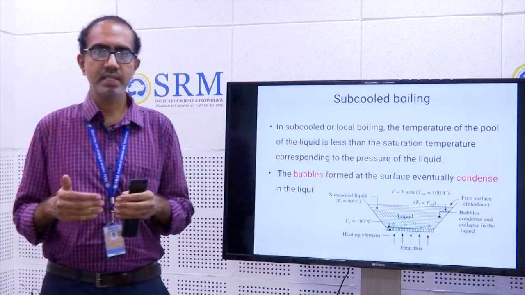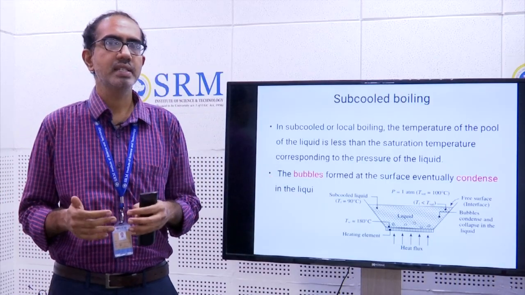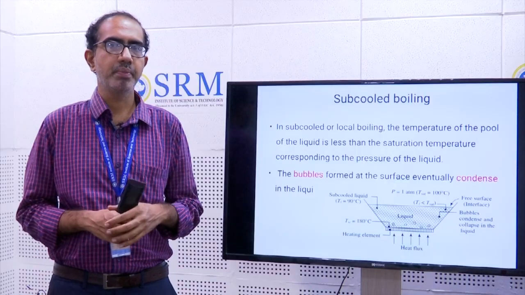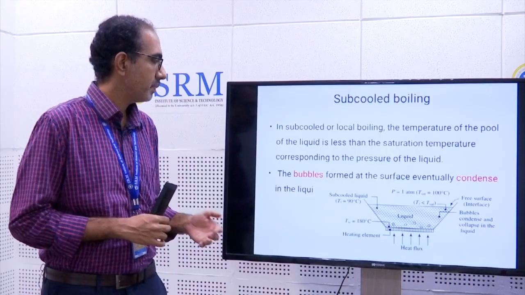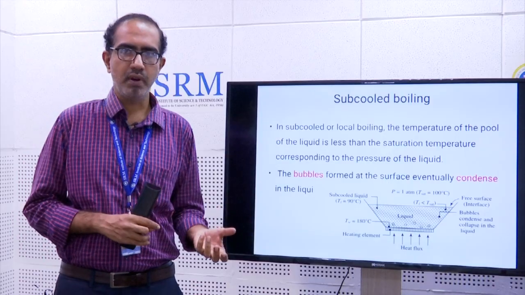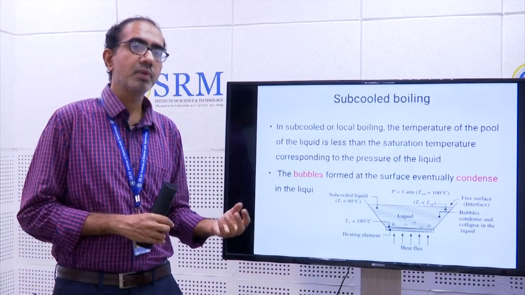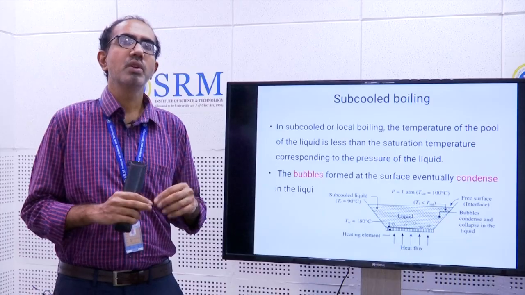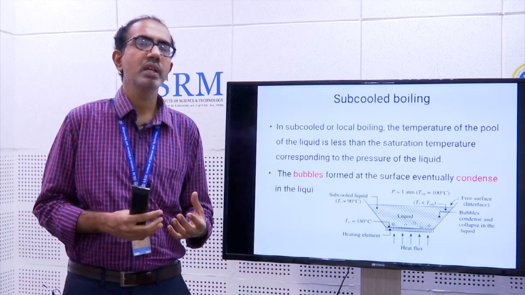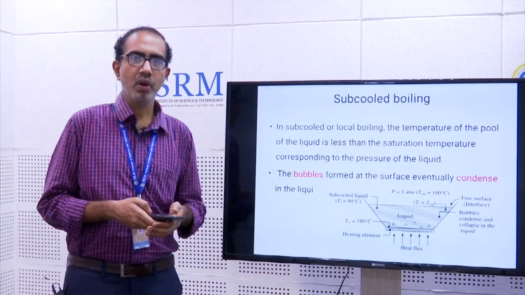When we have such a temperature, 90 degrees Celsius, less than the saturation temperature, what happens? Due to the heating element, the bubble is formed. But because of the subcooled condition, this bubble collapses. Such type of boiling is known as subcooled boiling.